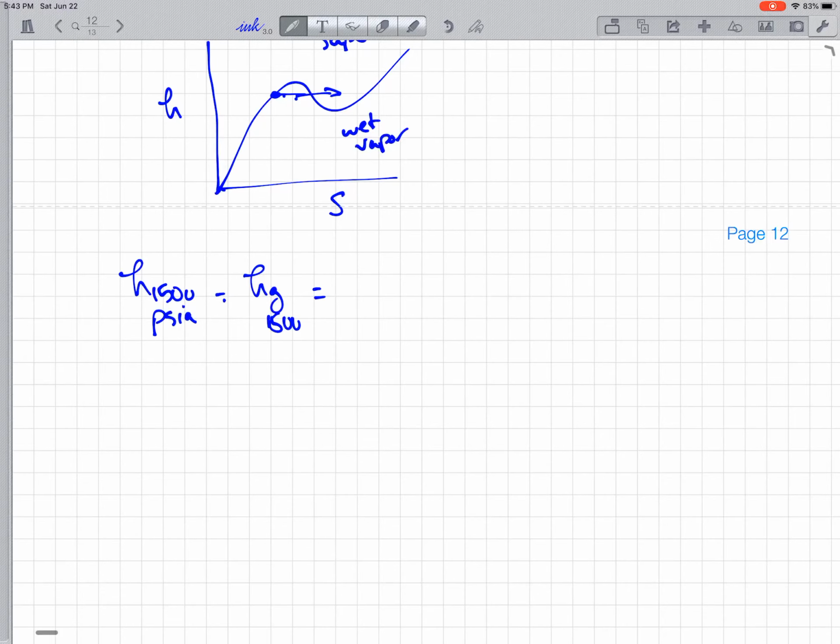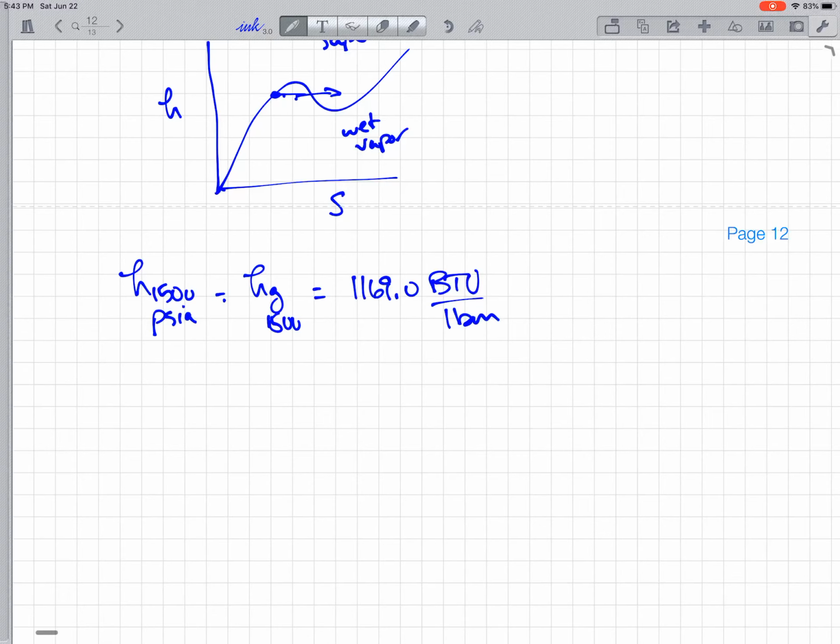You'll be able to find 1,500 very easily. It's the third from the bottom. So 1,500 pounds has a saturation temperature of 596.27 and a saturated steam enthalpy of 1169.0 BTUs per pound mass.